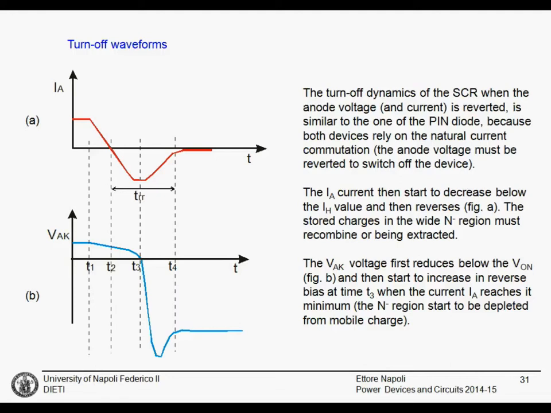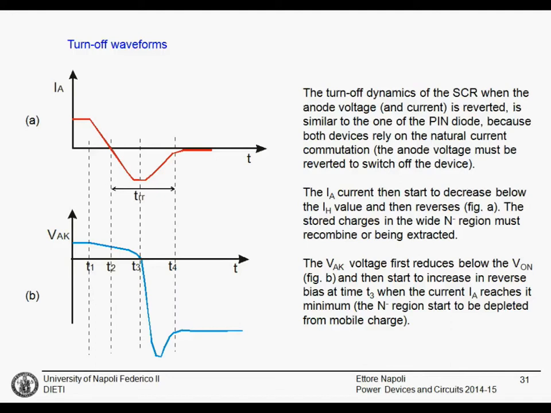Plus, since I inject a reduced amount of carriers, the conductivity modulation here is slightly smaller. And this means that the resistance of this region in the on state is larger.